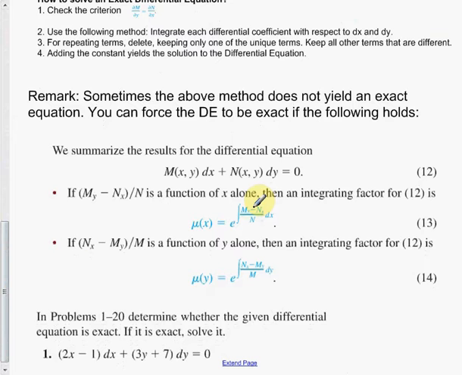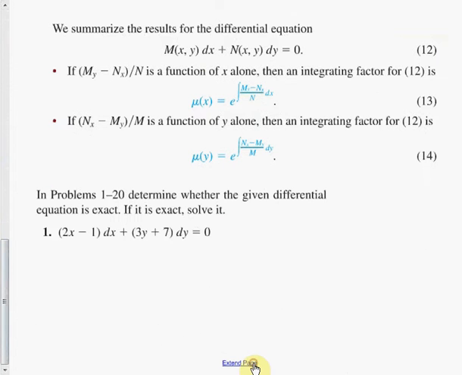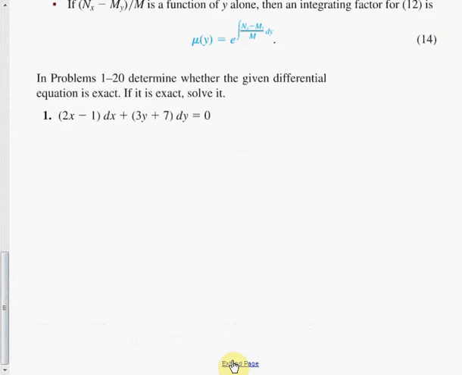So let's see here. We solve this. M is equal to 2x minus 1, and N is equal to 3y plus 7. Now, remember, the form has to be M dx plus N dy equal to 0.